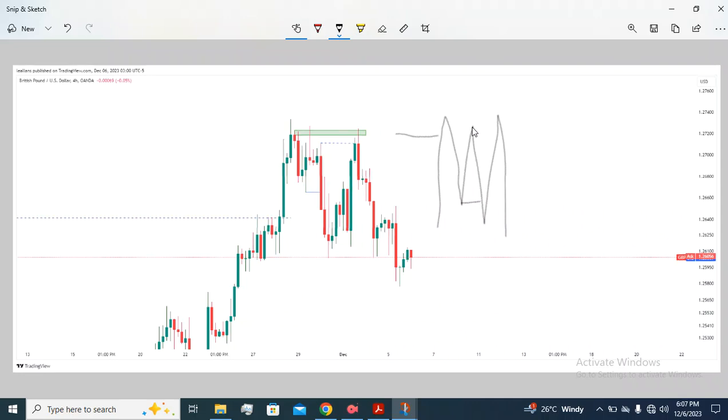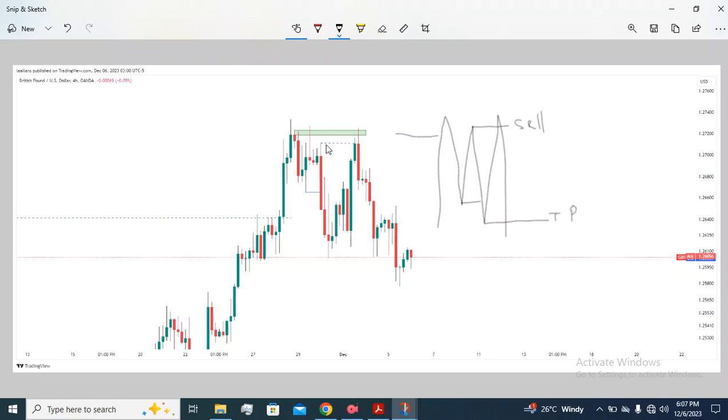Then on that break of structure's high, this is where we take our sell. We sell here, to target this lower low as our take profit. That's what we said.